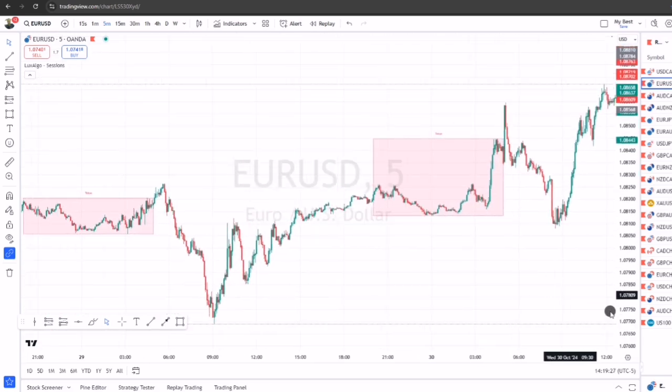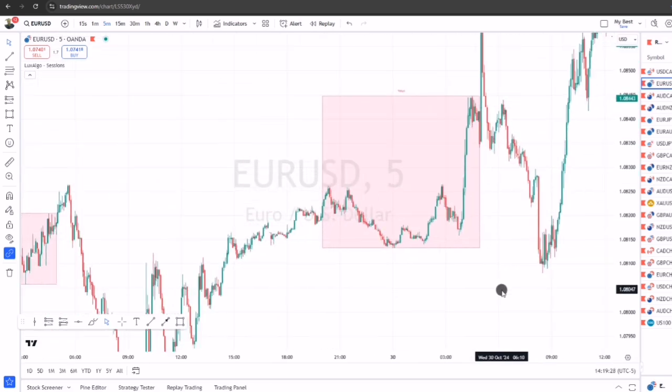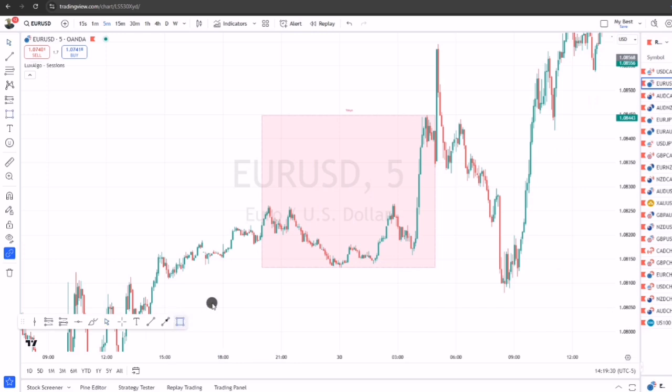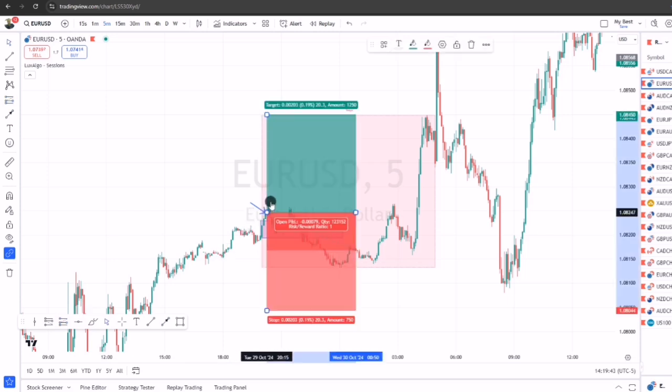Okay, right here, I want to show you how to handle these challenging days, okay? So you mark the first candle, price starts by closing above, okay? What do you do? You buy.